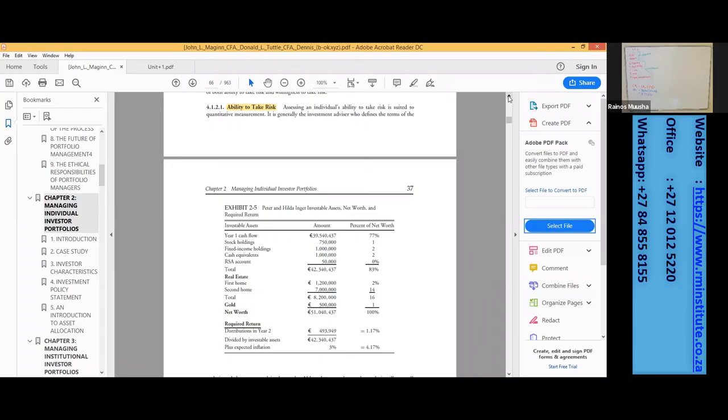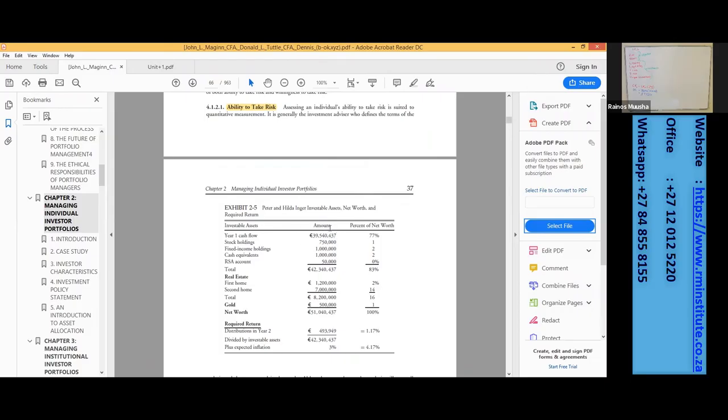If you want to find out what the return requirement is going to be in the first year, when it comes to their assets, in the first year they are going to be sitting with a net cash inflow of 39,540,437.